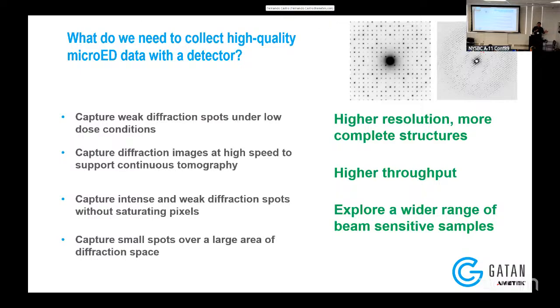So having a direct detection camera, compared especially to a scintillator-based camera, which is the more traditional type of imaging technology that you may have used as you were getting started, really delivers a lot of advantages: higher sharpness of your spots, higher throughput because of the frame rate, which is something that I haven't really talked about too much here. And the sensitivity allows you to explore a wider range of materials that are beam sensitive that you couldn't see with other types of cameras because of the lower sensitivity or any kind of dose limitation.